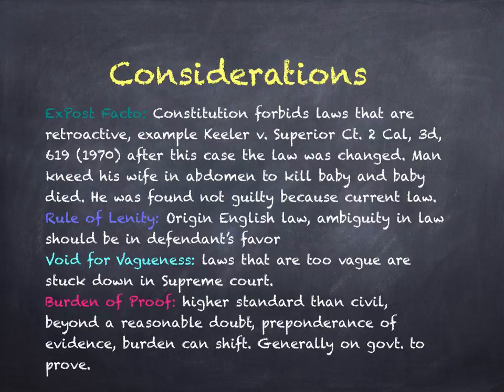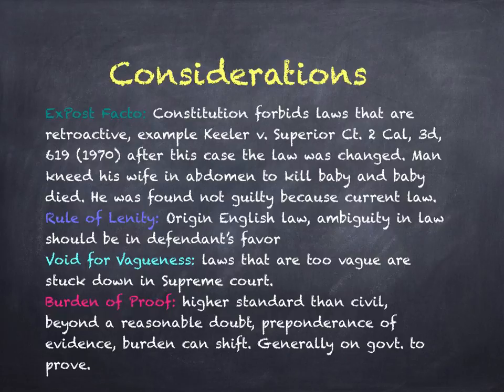But ignorance is never an excuse, or not knowing the law for not being charged. Okay, void for vagueness. Laws that are too vague are struck down in the Supreme Court. If a law is too broad, it can be voided for vagueness.